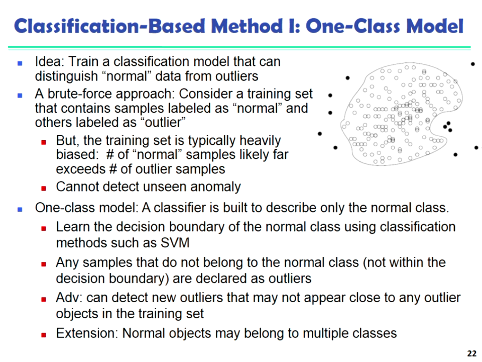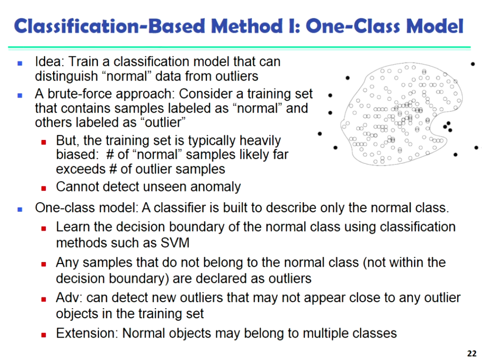But the training set is typically heavily biased. That means the number of normal samples likely far exceeds the number of outlier samples. Here our data is unbalanced, so it cannot detect an anomaly well.